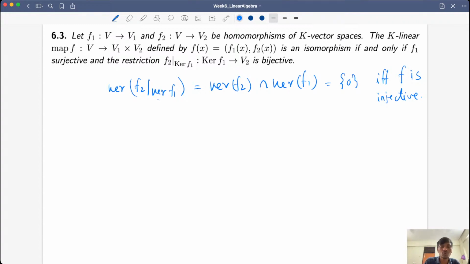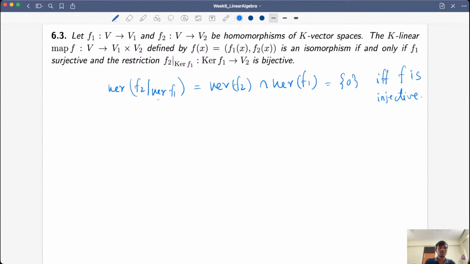And for surjectivity, for any v2 belonging to v2, you can simply take (0, v2). So (0, v2) belongs to v1 cross v2 and f is surjective, so that has a pre-image, say x, such that f1 x equals 0 and f2 x equals v2. So f1 x equals 0 means x belongs to the kernel of f1, such that f2 of x equals v2.